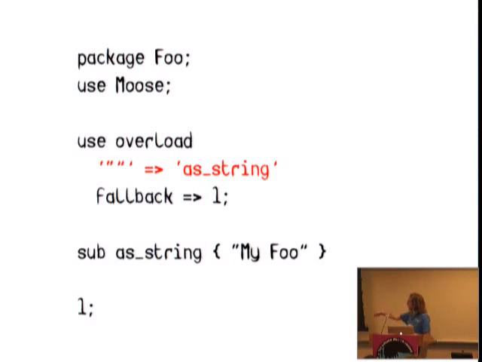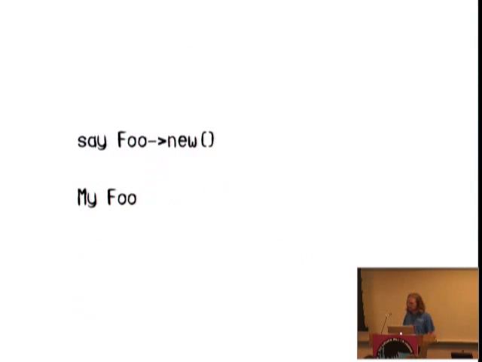Call as string and return that. And I'm going to say fallback 1. So if you try and use this as a number or in a Boolean context, it will convert to the string by calling as string and then do what you'd expect to convert it to a number, which is a long-winded way of saying that if I say foo new, it prints out my foo.